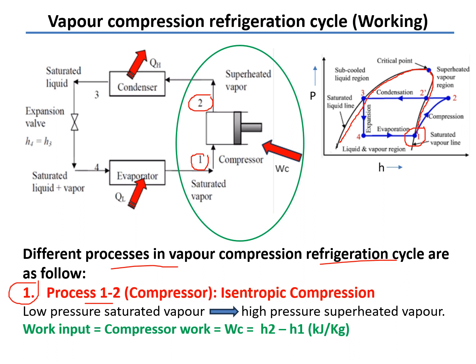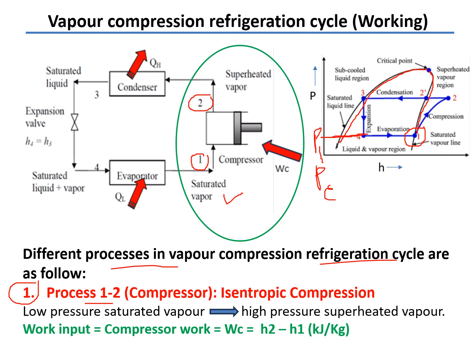At state 1, the suction side of the compressor, the refrigerant is saturated vapor at that particular pressure, which is the evaporator pressure, or you can say the suction pressure. You can mark here this pressure as P1, or the evaporator pressure PE, and also the suction pressure in the compressor.